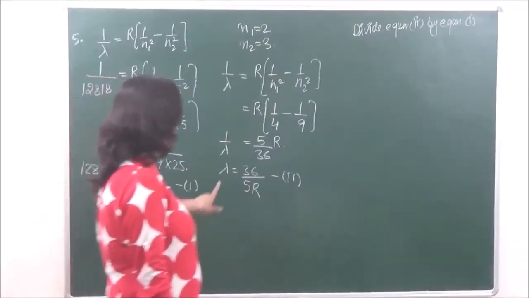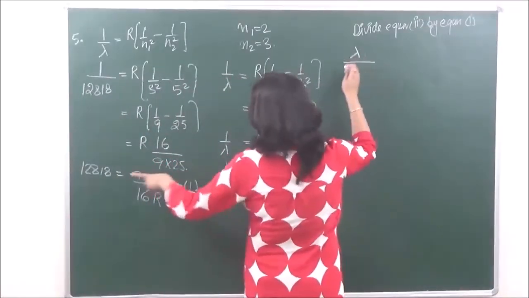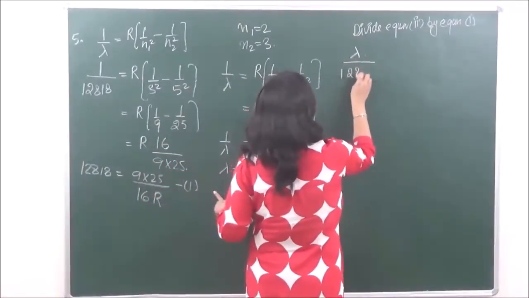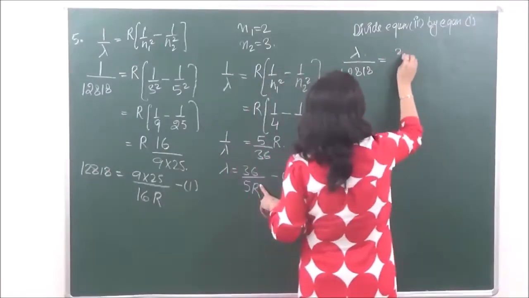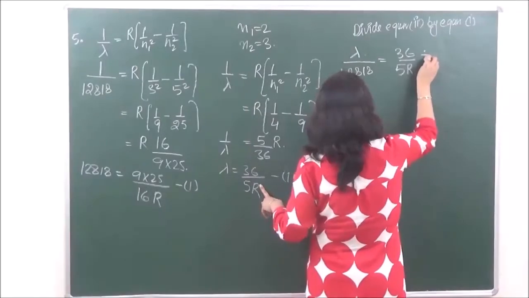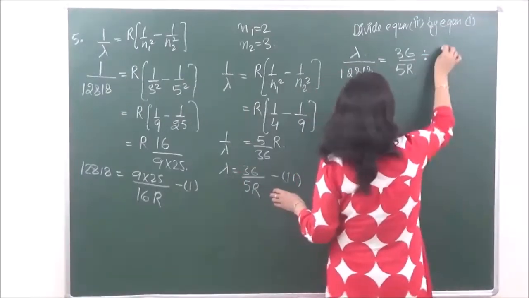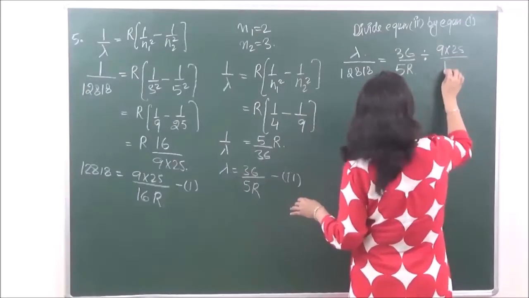So when you are going to divide equation 2 by equation 1, we will get lambda upon lambda 1, that is equal to 36 upon 5R divided by 9 into 25 upon 16R.